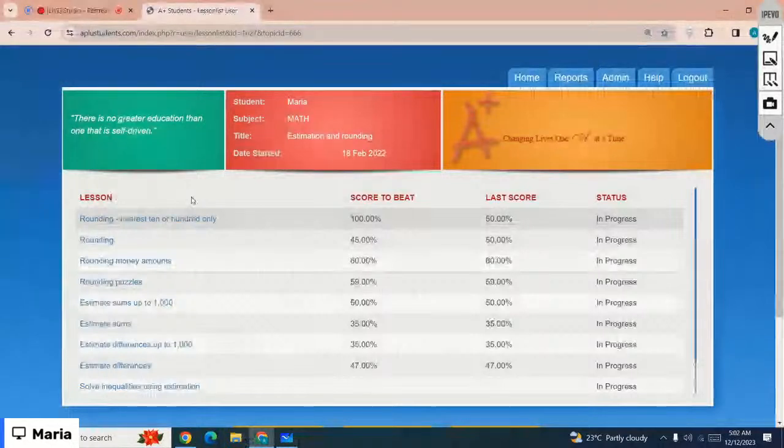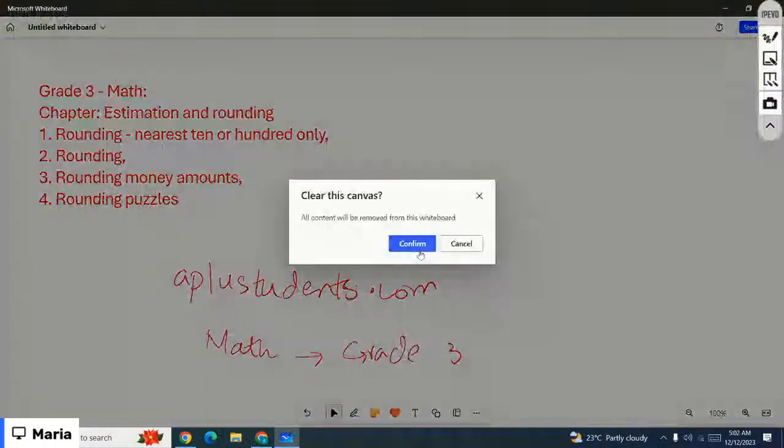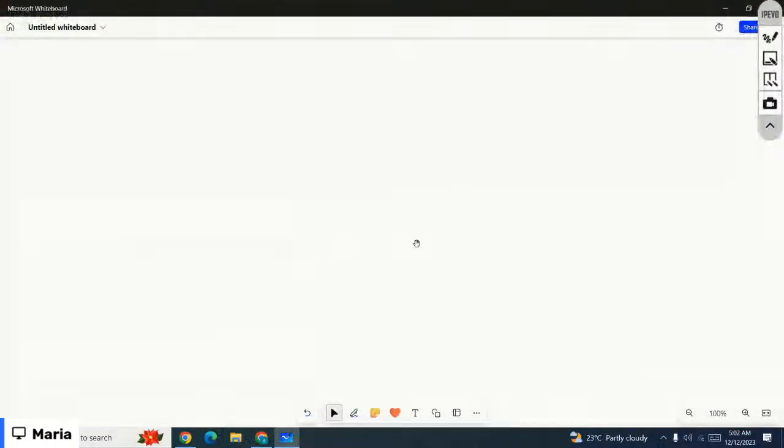So basically, we are going to learn what is rounding. Some of you already know how to round off numbers, and some of you don't. Let me explain. For example, you are given the number 68. The question is to round the number to the nearest ten. Find which number is at the tens position. 8 is at the ones position and 6 is at the tens position.